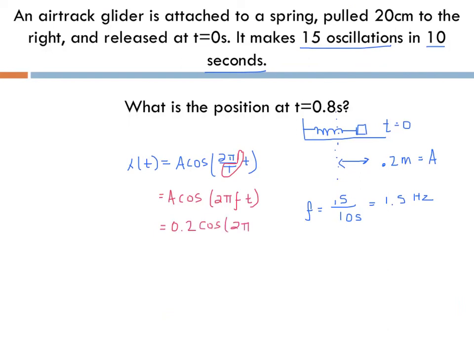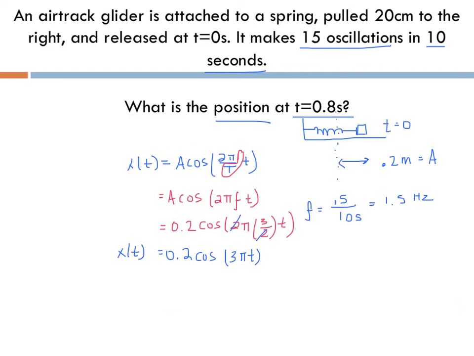The frequency was 1.5. I can write it as a fraction to clean it up a little bit more. So if it asked just for a function that represented this information, you'd be able to give this as your final answer. But it's asking for a specific position at a specific time.